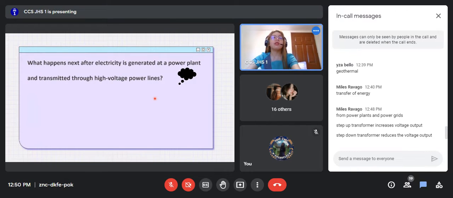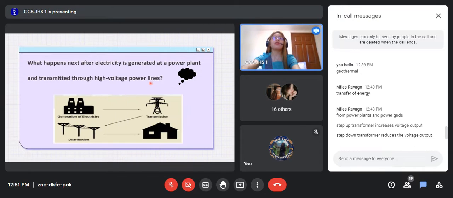Okay. So what happens next after electricity is generated at a power plant and then transmitted through high voltage power lines? After the high voltage power lines, which are the transmission lines, it will be transferred to the substation, the step-down substation.